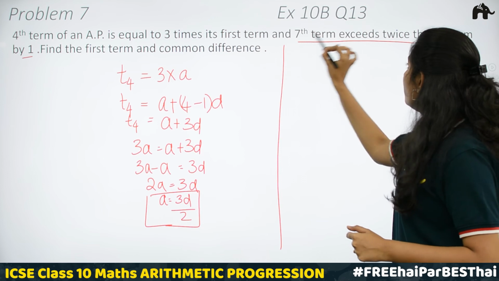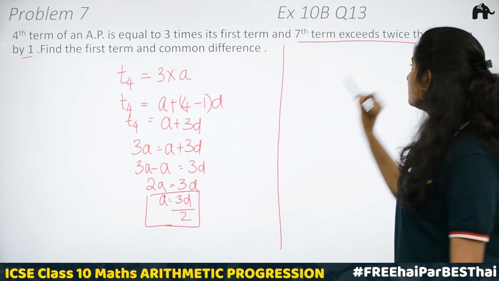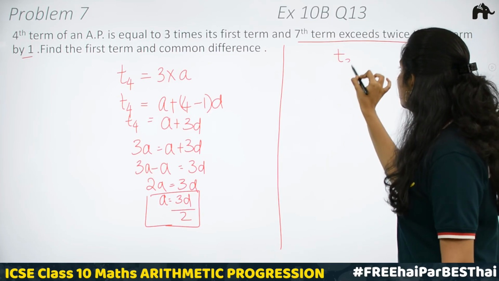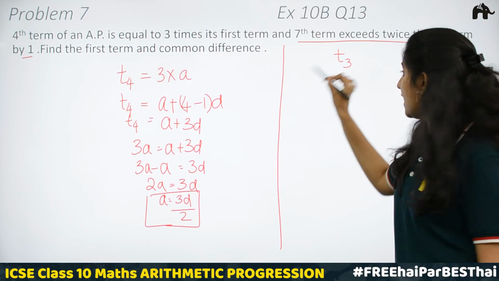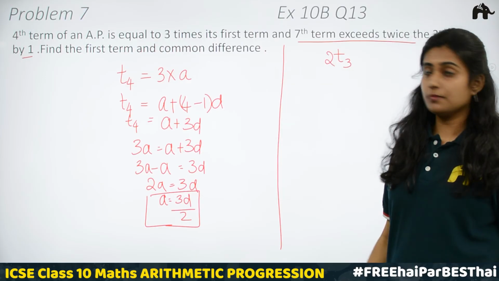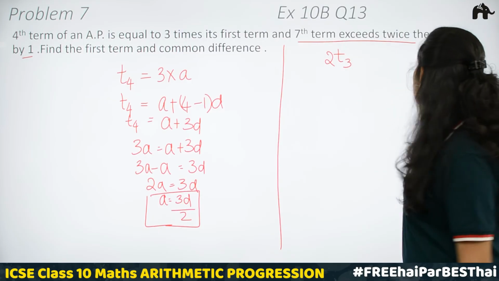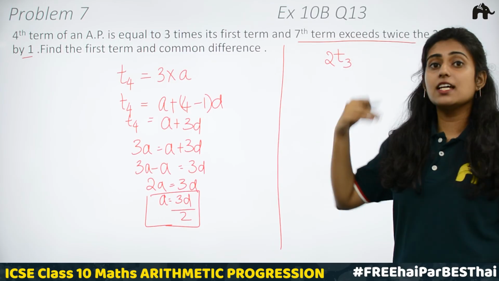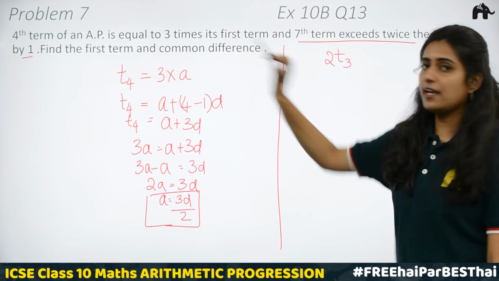Next statement. Here, 7th term exceeds twice the 3rd term by 1. Twice the 3rd term. 3rd term is T3. Okay. Twice the 3rd term means 2 times T3. 7th term exceeds twice the 3rd term, which means 7th term is greater than 2 times 3rd term by 1.